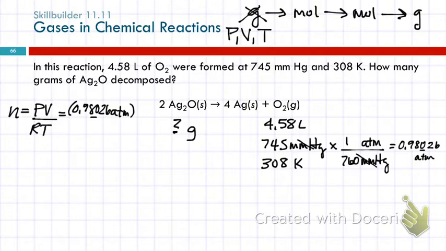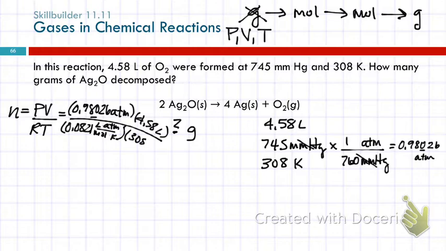I'll just make it work somehow. 4.58 liters. So a droopy calculation. 0.0821 liter atmospheres per mole Kelvin times the temperature, 308 Kelvin.